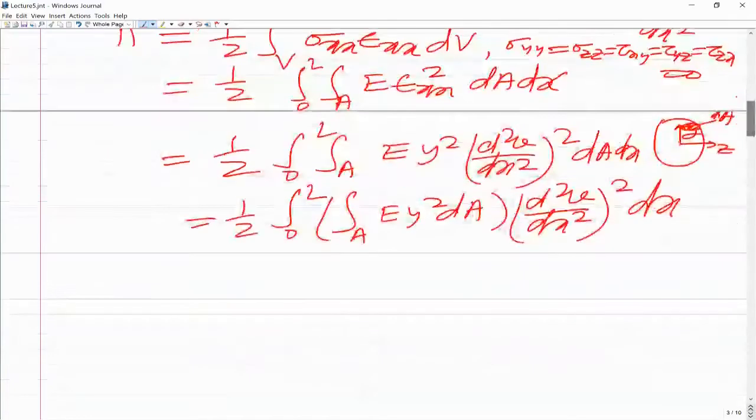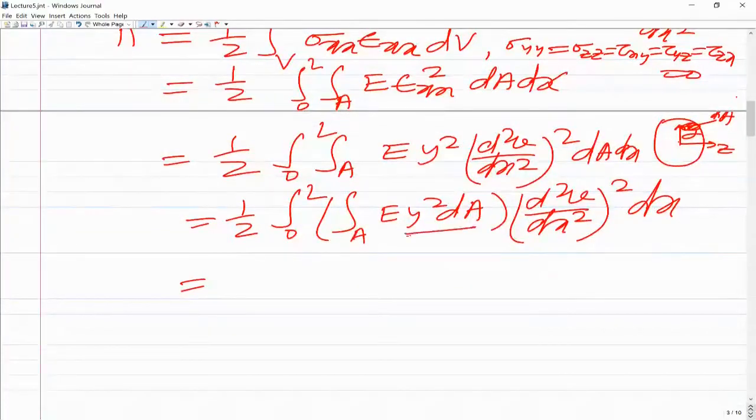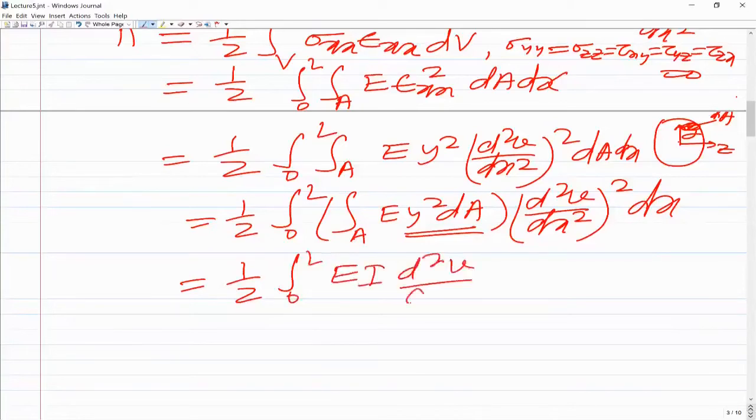And now see, when you are looking at this, so integral of y square dA over the cross section. So dA is the area, y square is the square of the distance from the z axis, that is the neutral axis. So you would see this is the second moment of area, so half integration 0 to L, and then that can be written as E into I d2v by dx square whole square dx.